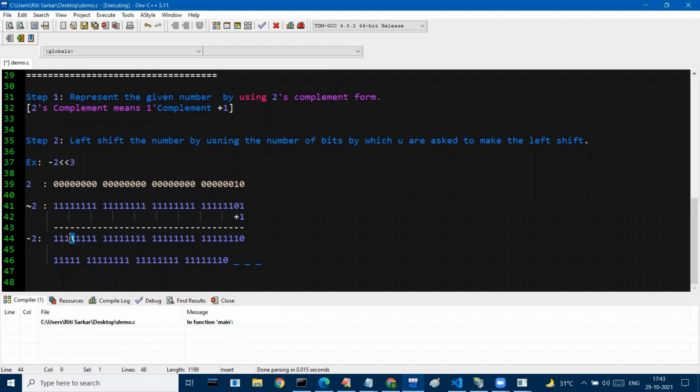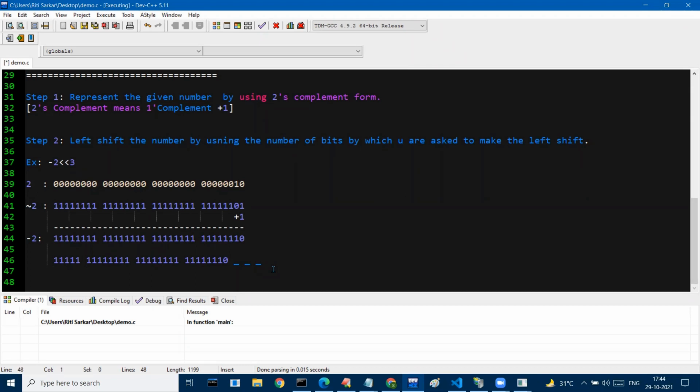This fellow will come to the position of this fellow, like this 0 will come here. Every number is shifted to the left by 3 bits. This is what the number is looking like.